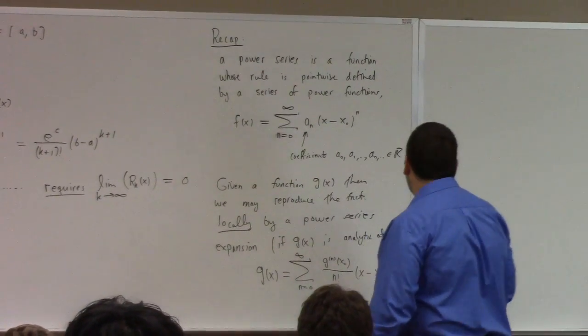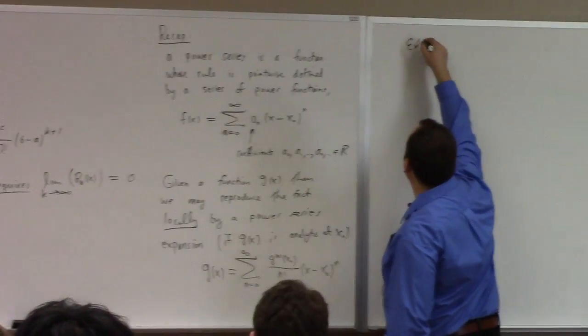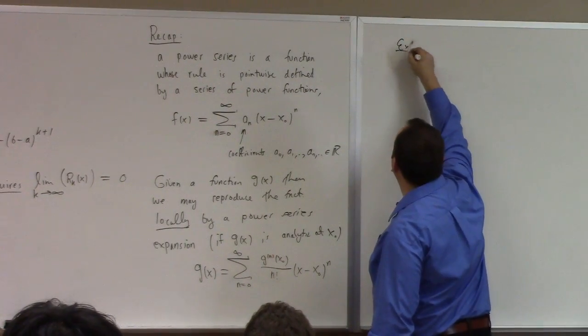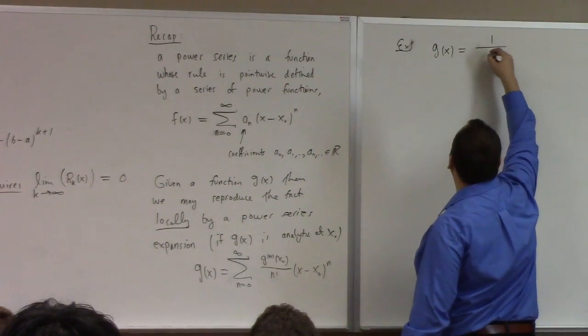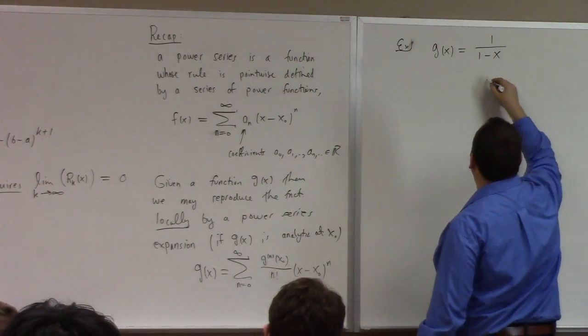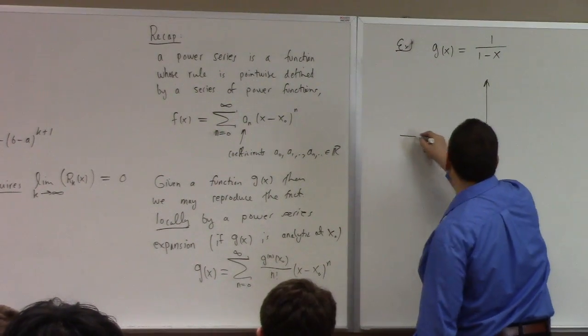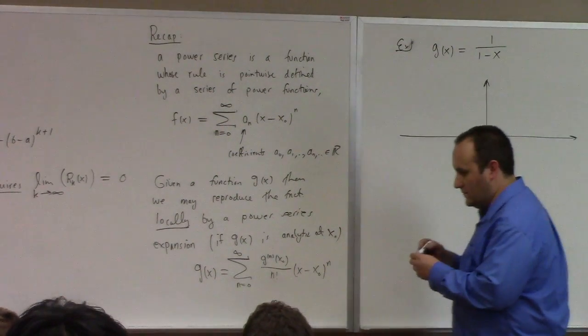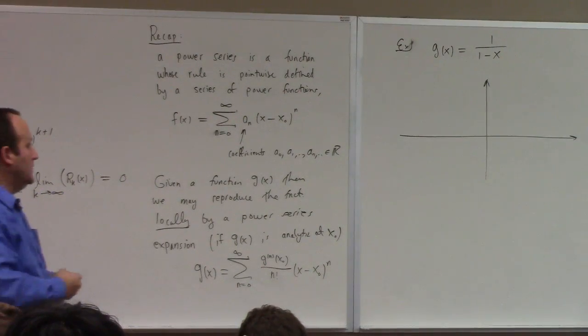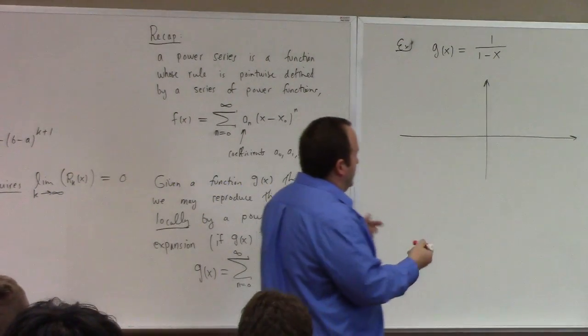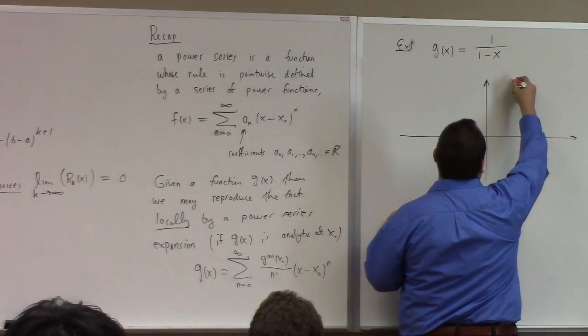So for example, we could look at g of x equal to 1 over 1 minus x. And 1 over 1 minus x, what's the graph look like? Vertical asymptote at x equals 1, right?